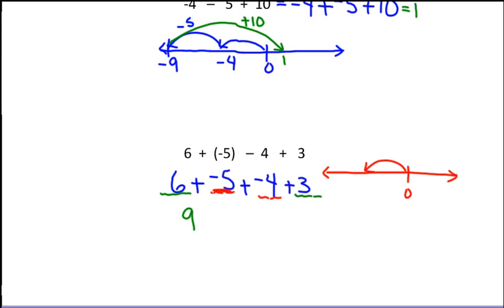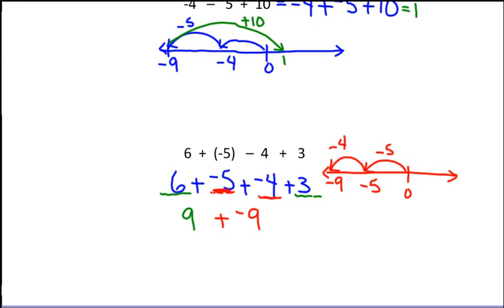And then I'm going to go 4 more. Okay, I went -5. I'm going to go 4 more to the left. I was at -5. Now I am at -9. So these 2 numbers here, the -5 and the -4, add up to a -9.